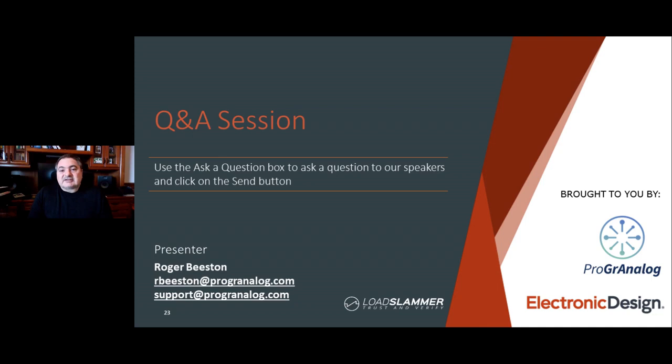The trick is to understand the power bandwidth of the package, and that is the trick to ascertaining the slew rate you need to be testing to. I don't know if I answered that question. Did I answer that question? I think so.